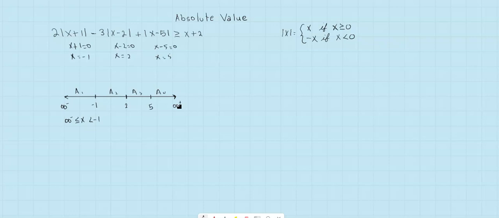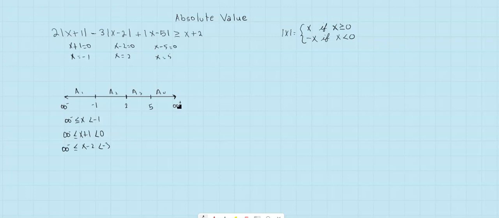Then we want to take the first absolute value, x plus 1. We add 1 to this negative 1, which is less than 0, and it won't make any difference to the negative infinity. This is going to be negative infinity. Then we get x minus 2, and if we add minus 2 to the minus 1, it's going to be less than minus 3, and greater than or equal to negative infinity.